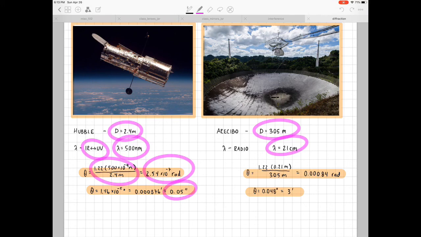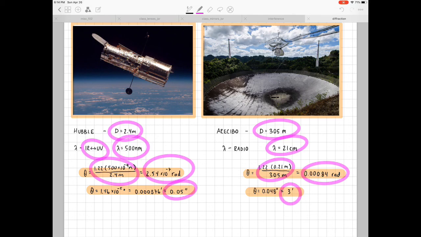So let's use that for our calculation for the angular resolution. Plugging into the expression the 0.21 meters and the 305 meters, we get an angular resolution of 0.0084 radians. We get about 3 arc minutes compared to the 0.05 arc seconds.